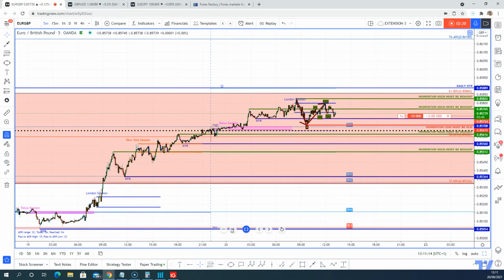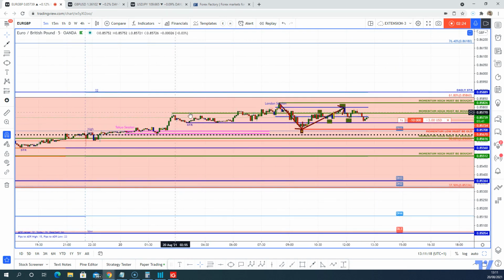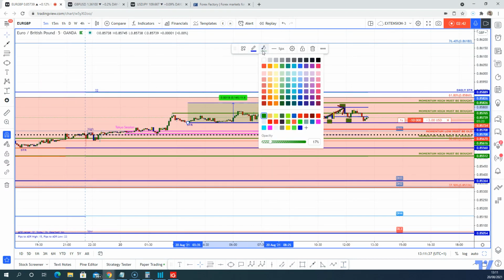So the impact of that candle is we have this momentum high. Price came below after trading the momentum high. So the whole move here from here to here is a complete wave structure, and that's very important.